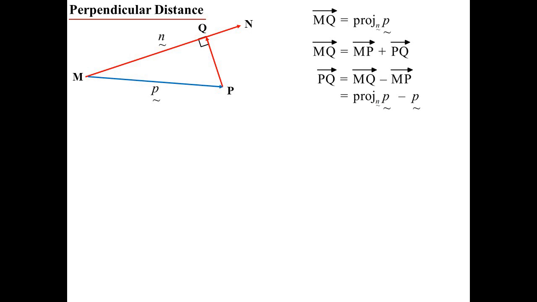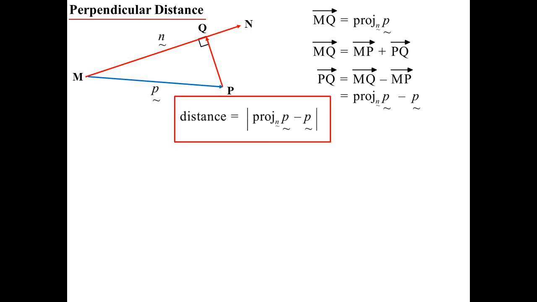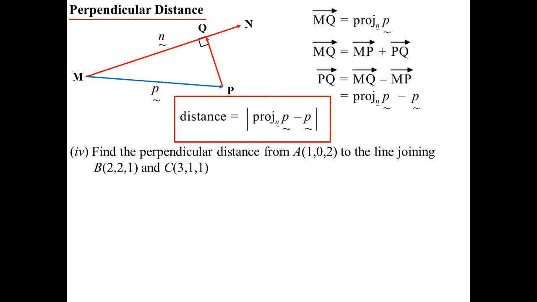So it would be MQ, which we said is the projection of P onto N, minus MP, which is the vector P. So there's a little formula we could use for the perpendicular distance. Let's use it to find the perpendicular distance of this point, 1, 0, 2, to the line joining B and C. So P, for the sake of my formula, I'm going to call the vector BA, and u will be the vector BC, because essentially I'm going to be projecting BA onto BC.